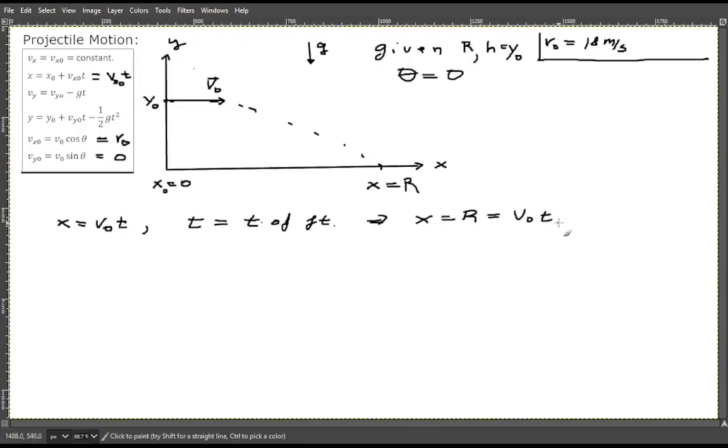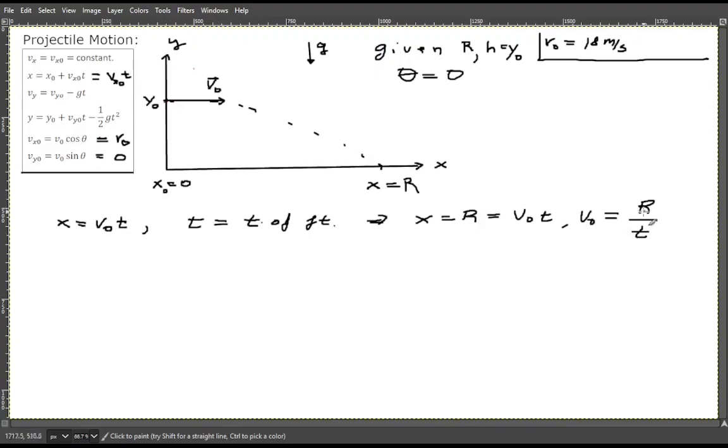And so we could calculate what V0, the initial speed, should be by solving for it in this equation. It's going to be the range divided by t: how far it goes divided by how long it takes to go there. That would give us the initial speed. However, we don't have a stopwatch.